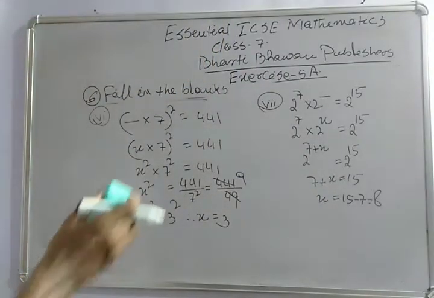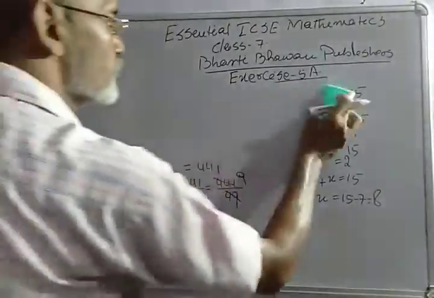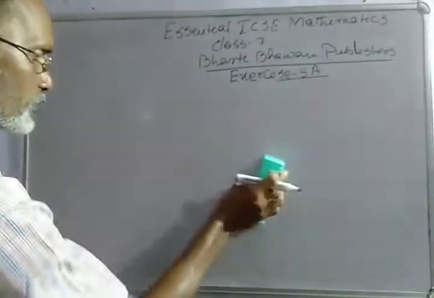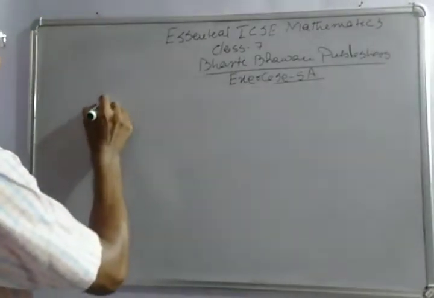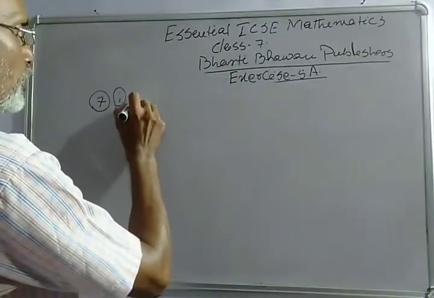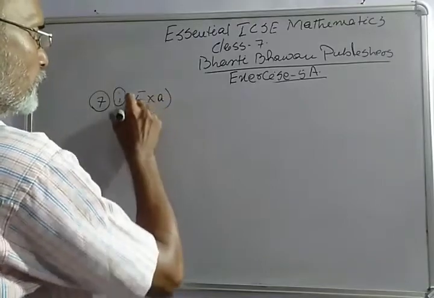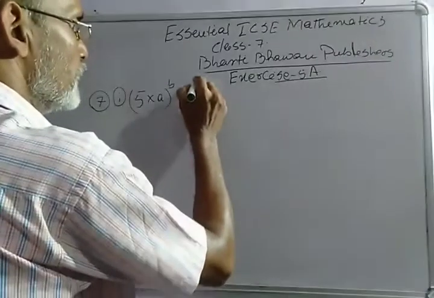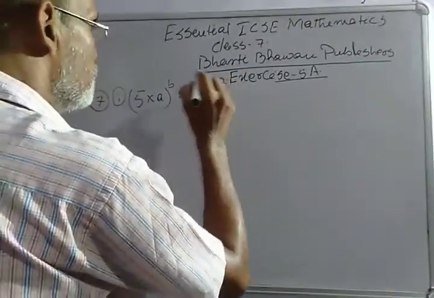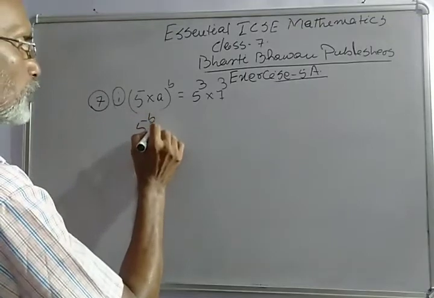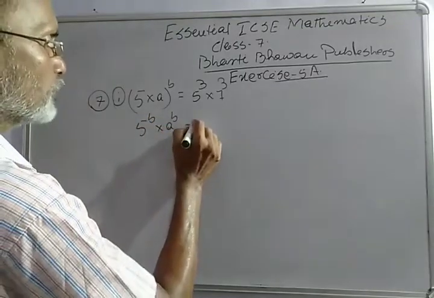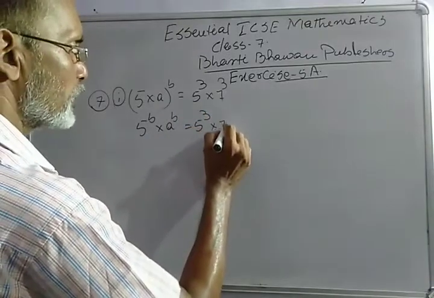Number 6 is finished. Number 7, part 1. 5 to the power b into a to the power b is equal to 5 to the power 3 into 7 to the power 3.